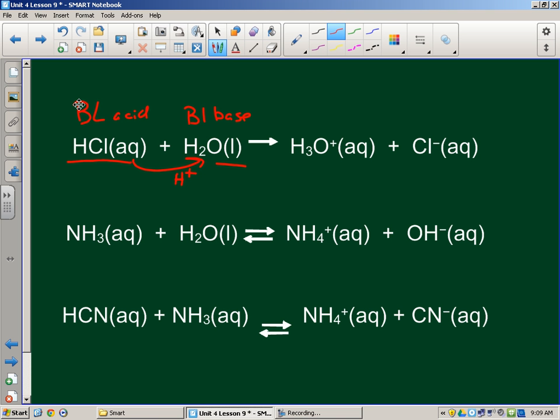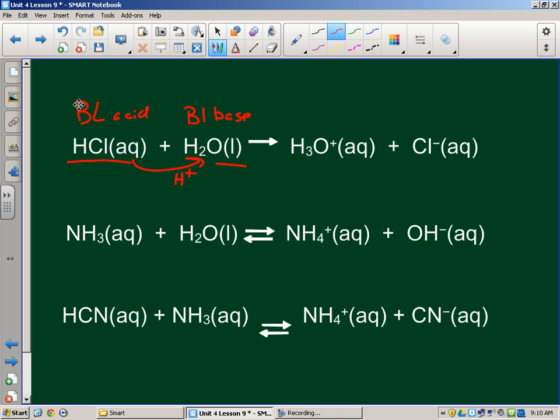Okay, NH3 and water. Out of these two, if you look at the other side there, guys, which one is acting as the Bronsted-Lowry acid in this case here? Is it water or NH3? Which one is donating the proton? Look at the other side to see what you end up with.